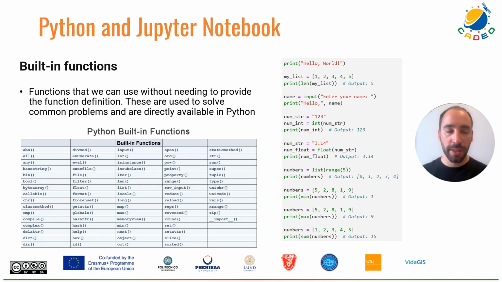Another example is the len function, which gives us the length of a list or a string. There are also type functions, which tell us the type of a specific variable, for example. These built-in functions are part of the Python standard library, and they are always available for us to use in our code.